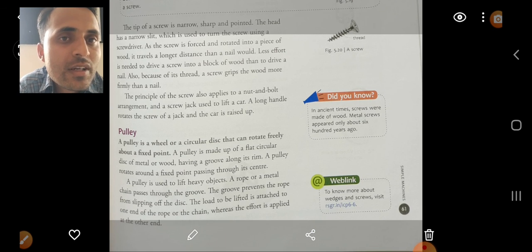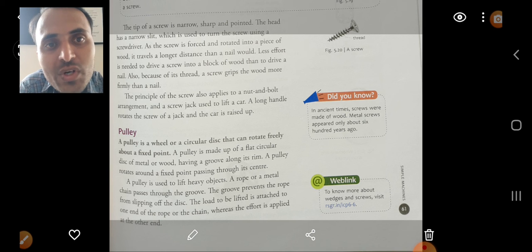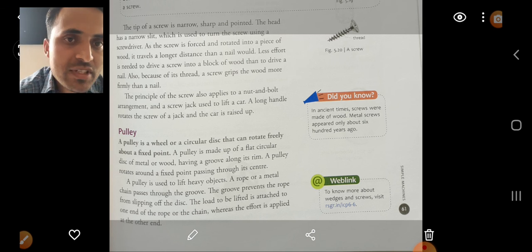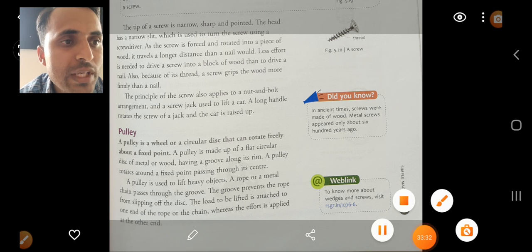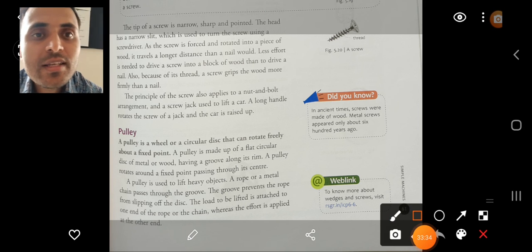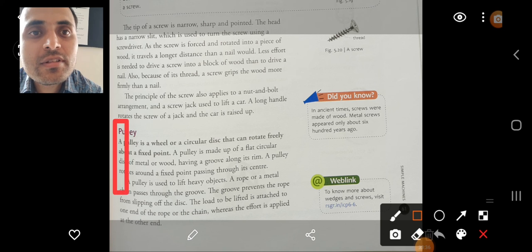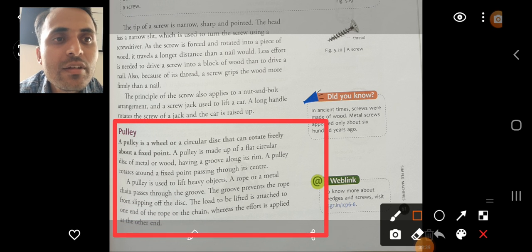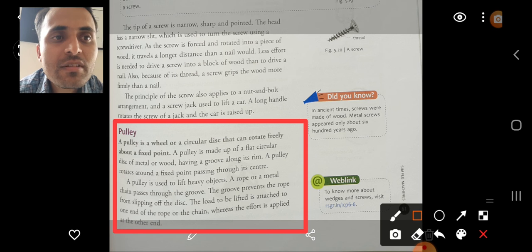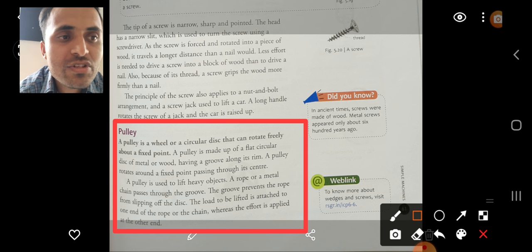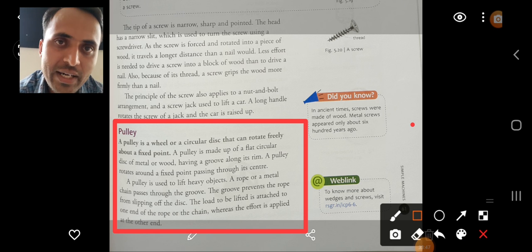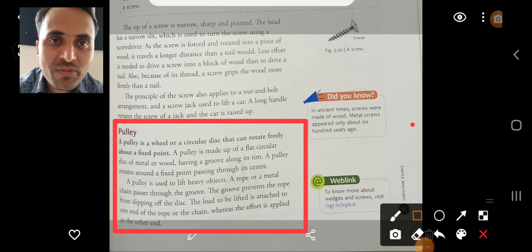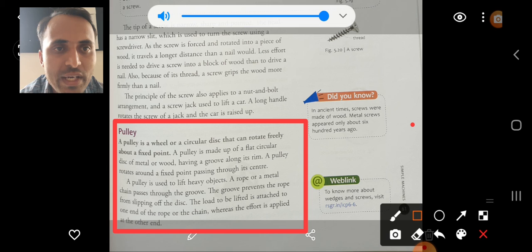So now we will move towards the next type of simple machine, which is called the pulley. What do you mean by pulley? Pulley is one type of simple machine, and the definition is given. A pulley is a wheel or circular disc that can rotate freely about a fixed point.